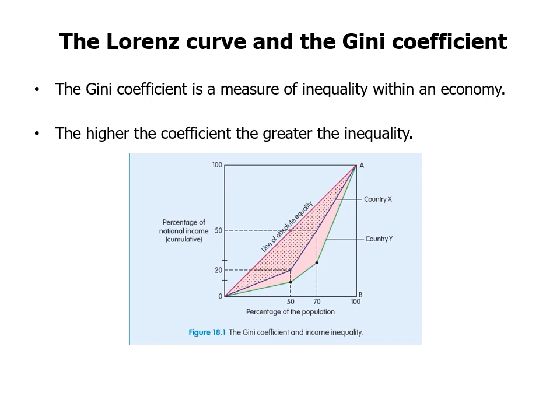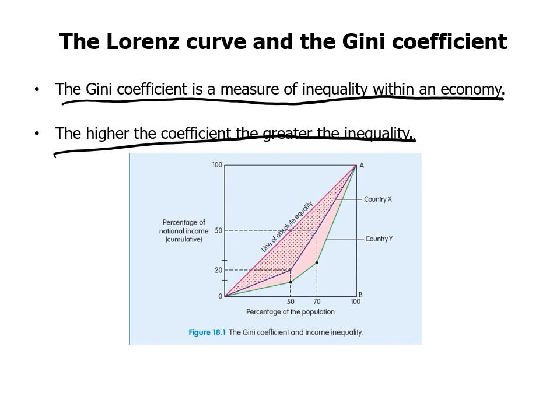Now, if we want to look at the level of inequality, we're going to look at the Gini coefficient. The Gini coefficient is a measure of inequality within an economy. The higher the Gini coefficient, the greater the inequality. The Gini coefficient is between 0 and 1, 0 meaning total equality, 1 meaning absolute inequality.